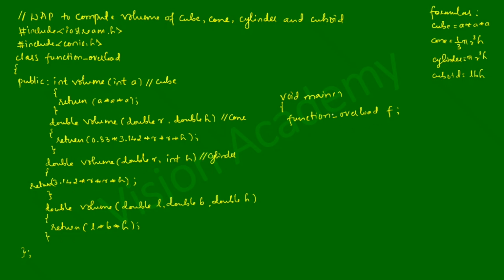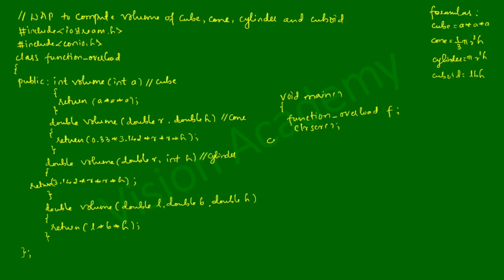With the help of this object we are going to call each one of these functions. Here you can see volume, volume, volume, volume. So name of the function is same, and only thing is return type and number of arguments are different in function overloading. Now I'm going to write here clrscr function, which is used to clear the screen.